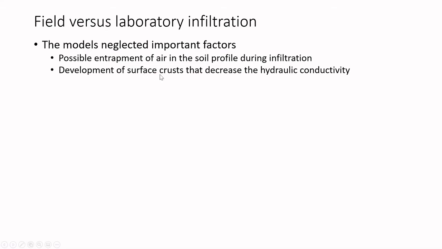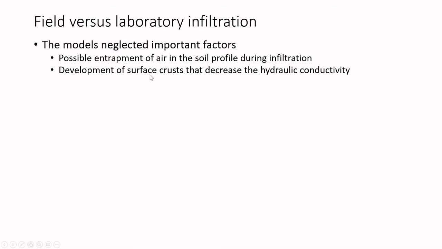And the development of surface crust that decreases the hydraulic conductivity. So the soil surface is subjected to hot weather and cold weather. The surface goes through hot and cold over the years, and over the years also there is heavy machinery, including human footsteps, that passes through the area.